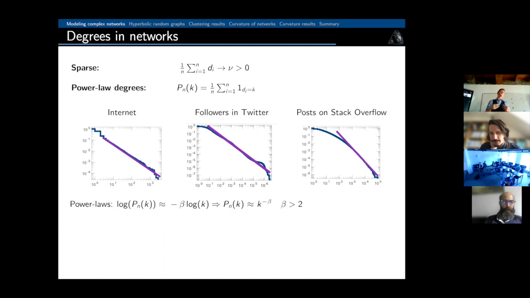And it turns out that these hidden variables are the main culprit for the degree distributions. So in that sense, coming back to your question, for those models, the geometry doesn't really do anything for your degrees.